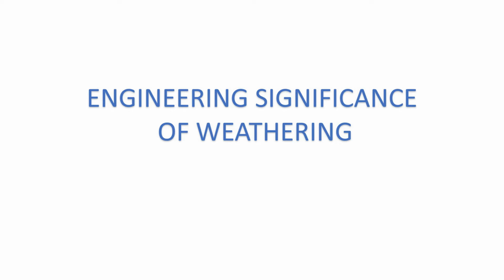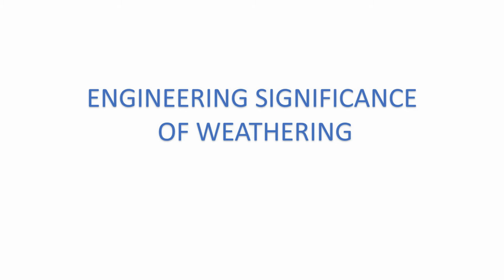Now, engineering projects are either built on soil or rocks. As we know, soil is the ultimate end product of weathering of rocks. The engineering properties of soils are required to be studied for the construction of any project.